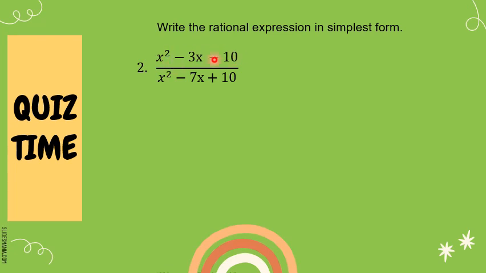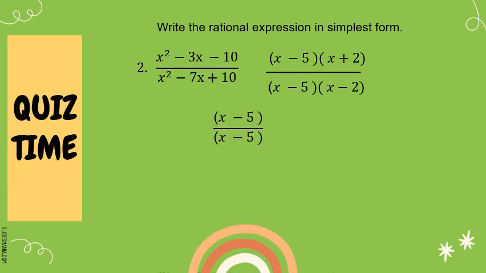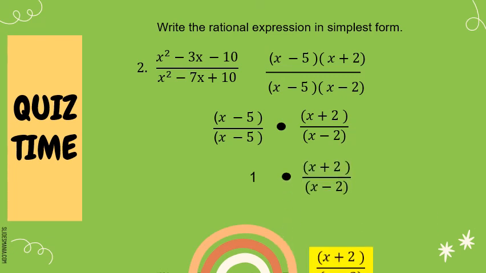This is a general trinomial, and also this one. So let's find the factors, and in the denominator also. Now let's do step 2: we have to separate and divide out the common factors. Here are the common factors, and multiply to x plus 2 over x minus 2. Then this is 1 times copy, and then multiply. The answer here is quantity x plus 2 over quantity x minus 2.